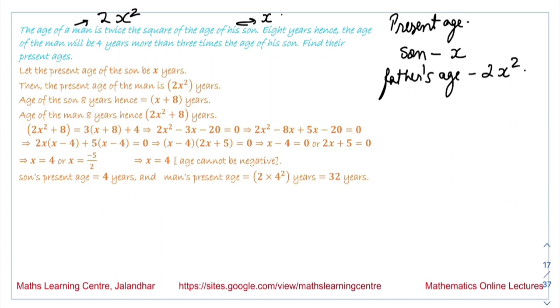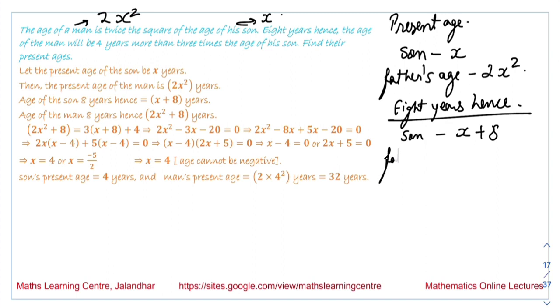We are talking about 8 years hence. Son's age will be x plus 8, and father's age will be 2x square plus 8.